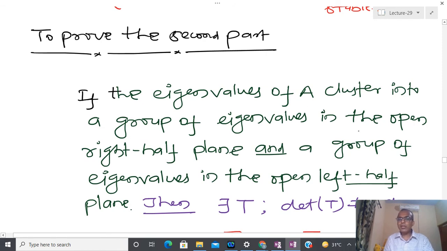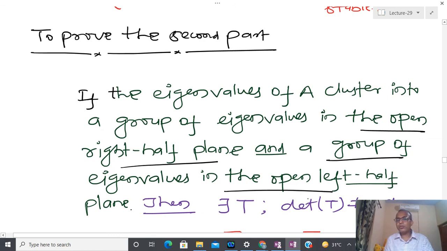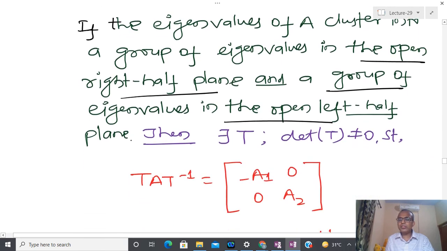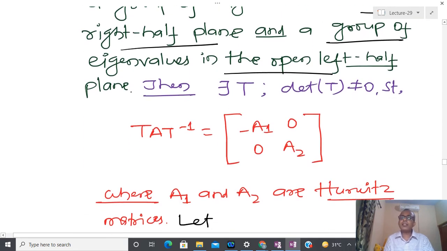The eigenvalues that lie in the open left half plane I collect with one matrix, and the group of eigenvalues that lie in the open right half plane I collect with another matrix. Using some kind of transformation, I can collect the eigenvalues A1 and A2.